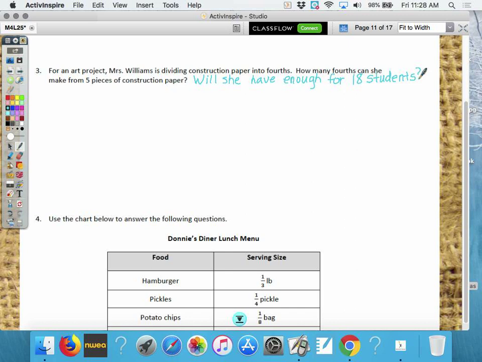All right, here we go. So on this one, how about if we solve it with the trick? Sound good? Okay. So for an art project, Mrs. Williams is dividing construction paper into fourths. What's our denominator? 4. Okay. How many fourths can she make from 5 pieces of construction paper? What's our total? 5. 5 divided into 1/4 pieces equals.